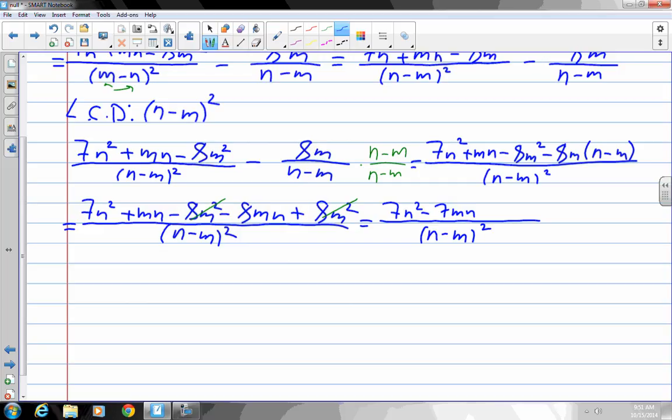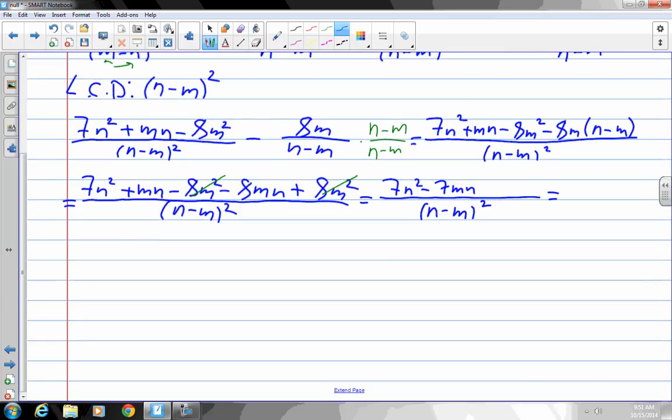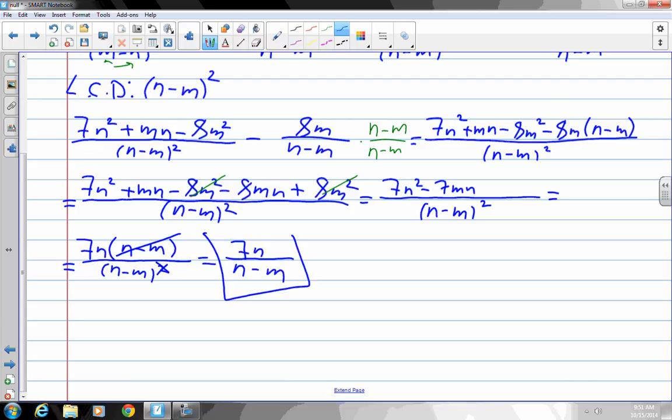Now can I factor and reduce this thing? Can I factor that numerator? How would I factor that numerator? Yeah, 7n is the common factor, and then it's n minus m over n minus m squared. So now there's the common factor of n minus m, and I can cross that one out. That leaves us with 7n over n minus m. And we're done.